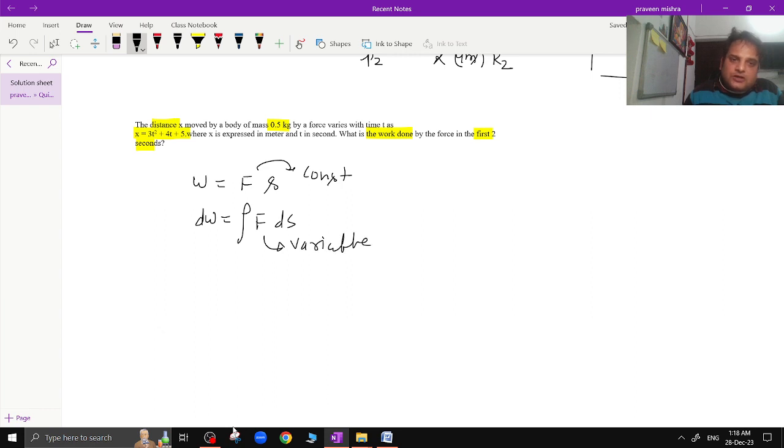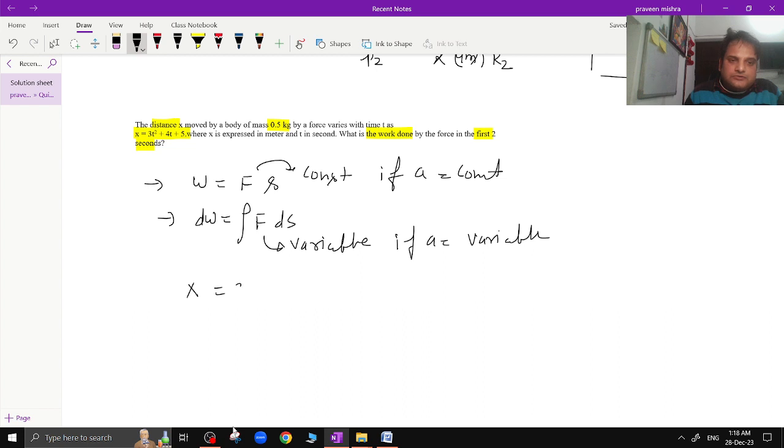Here, how will the force be constant? If acceleration is constant. The force will be variable if acceleration is variable. So it is better to find out which equation we should proceed with. First try to find out the acceleration, whether it is constant or variable.